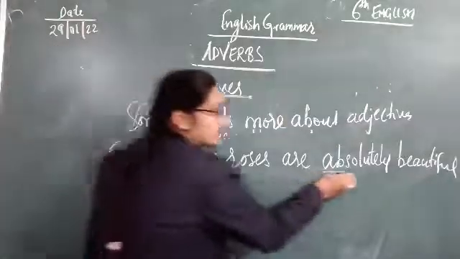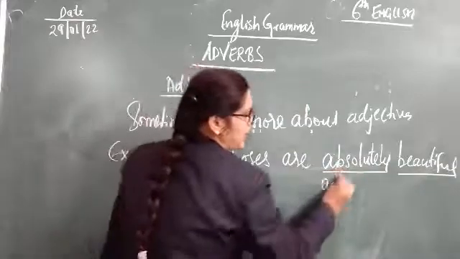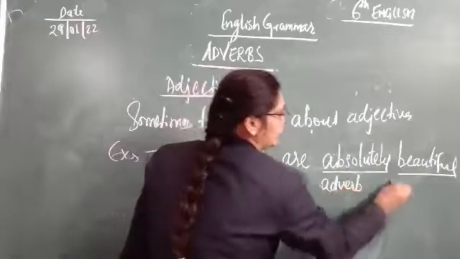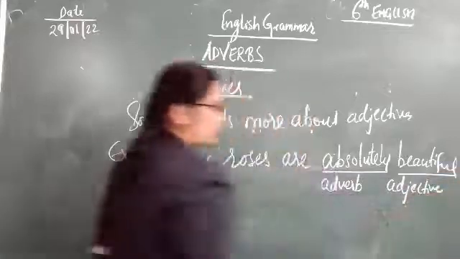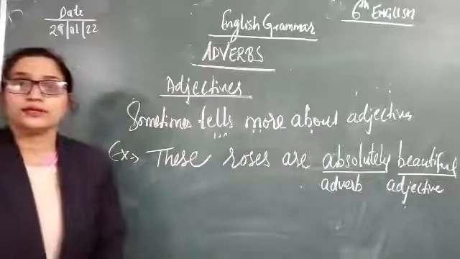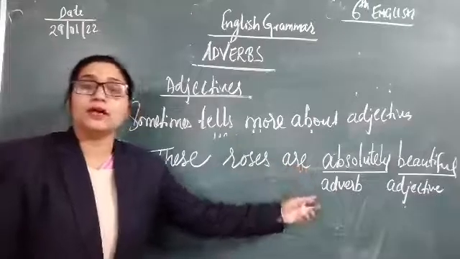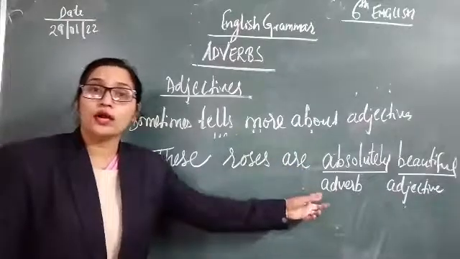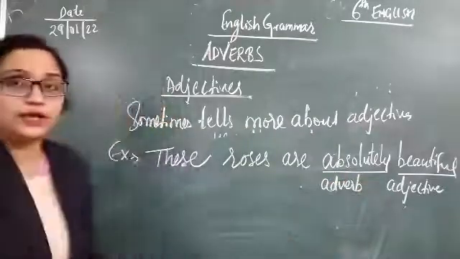Absolutely beautiful: absolutely is an adverb and beautiful is an adjective. So in this sentence, this adverb absolutely tells us more about this adjective beautiful.